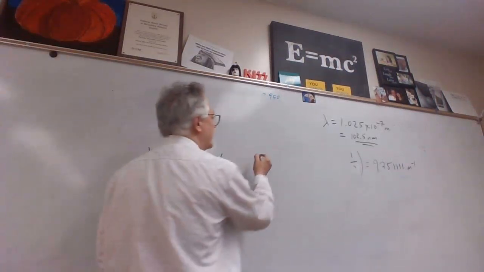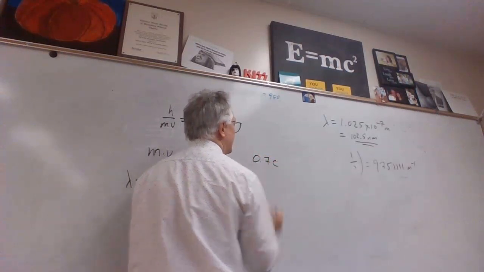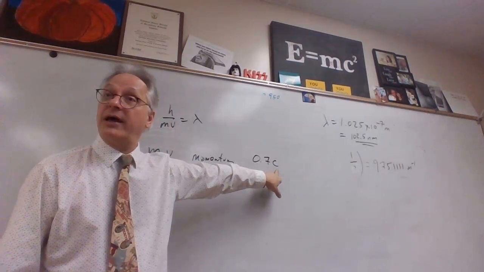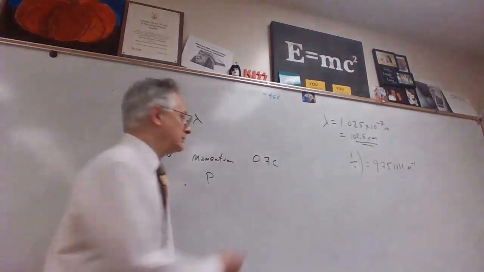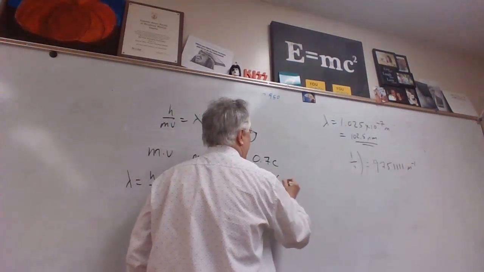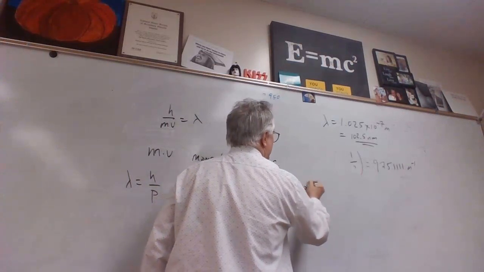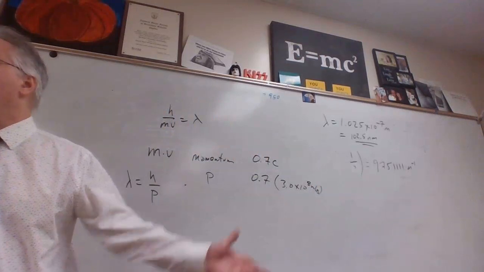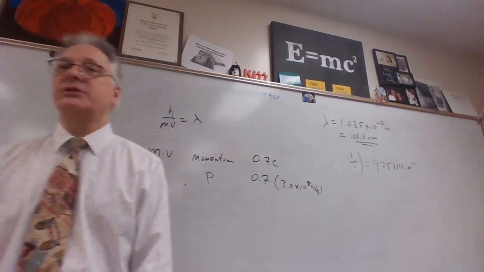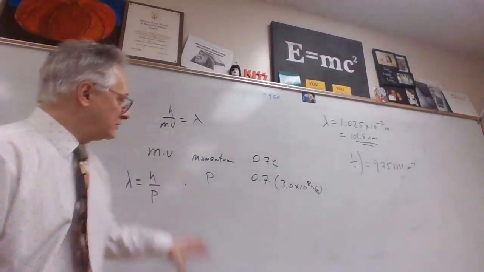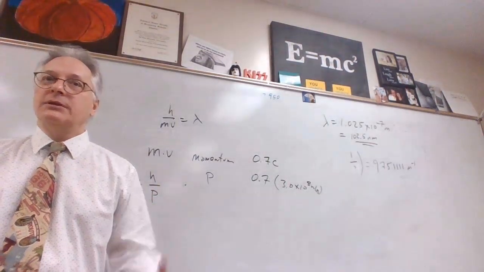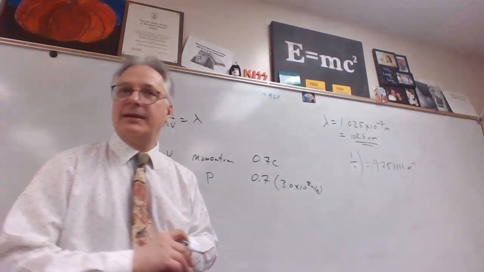So if a particle is moving at 0.7 c, c is the speed of light, it moves at 70% the speed of light, or 0.7 times 3.0 times 10 to the 8 meters per second. So it'd be like 2.1 times 10 to the 8 meters per second. And you just pop it in to the equation. So it's not that bad.